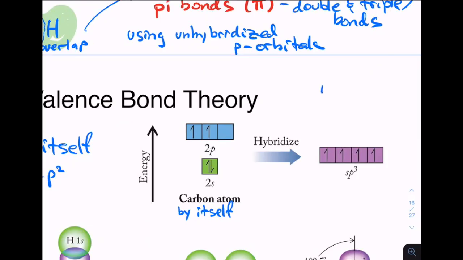These are now 4 equal energy sp3 hybrid orbitals. And notice on this energy diagram, it's above the 2s and below the 2p. It really is, from an energetic point of view as well, hybrid between the 2s and the 3 2p's. Right? And each one of them has 1 electron.